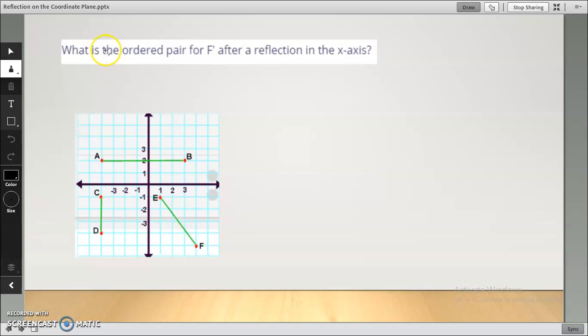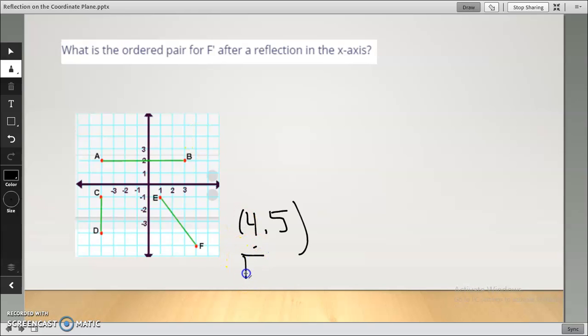All right, then it says, what is the ordered pair for F after a reflection over the x-axis? So here's my F, and the value for F is (4, 5). This time I want to reflect it across the x-axis. So which value is going to have to change? If I want to reflect across the x-axis, my y value is going to have to change.